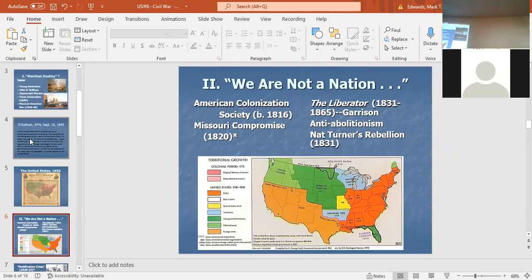They began putting all kinds of bills out trying to say, no slave expansion, no new states coming into the Union can have slavery. One of the early drafts even barred free persons of color from coming into any state out west.